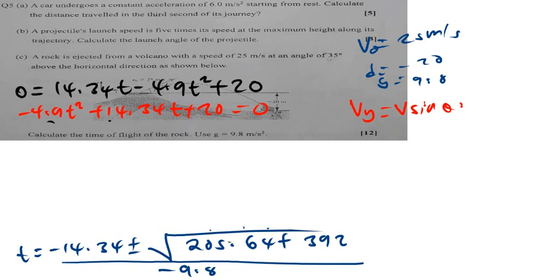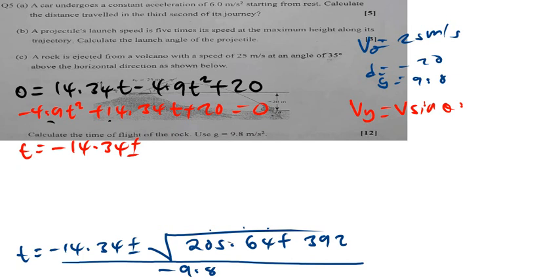Now, negative 14.34 plus or minus the root of, I can just do it directly. Inside the square root, 205.64 plus 392, I'm getting 597.64.